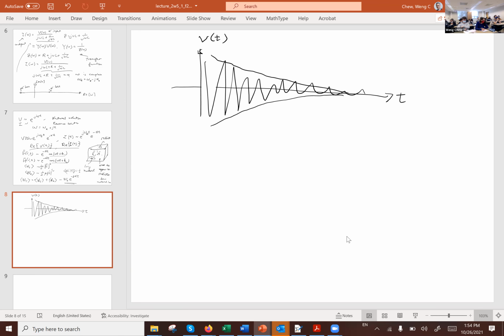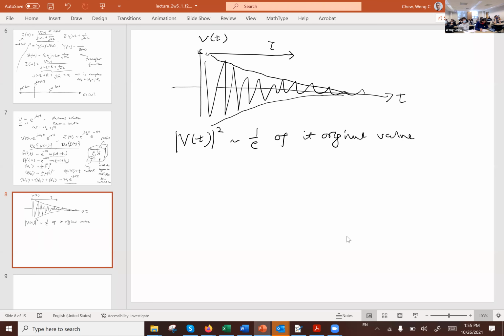And if the stored energy is 1 over e of its original value, we call that time constant tau.